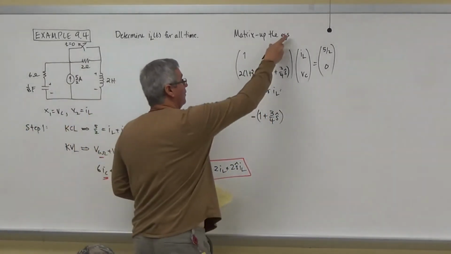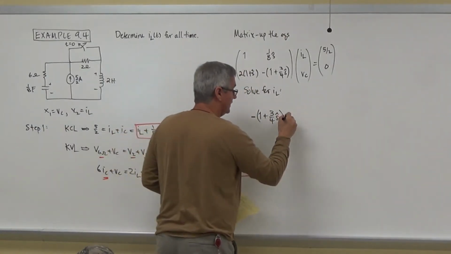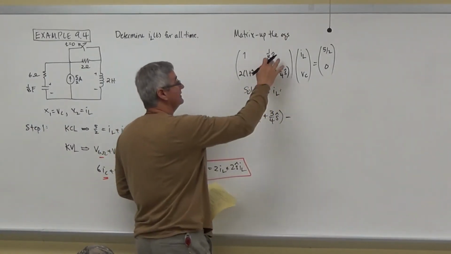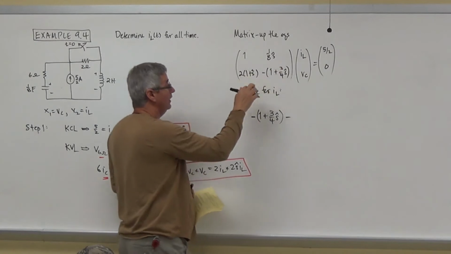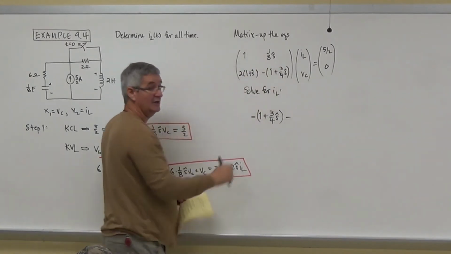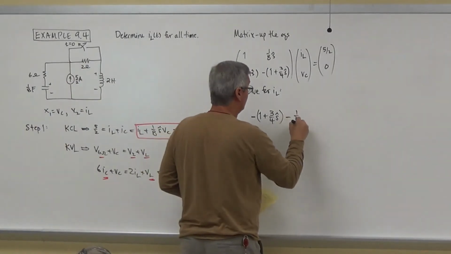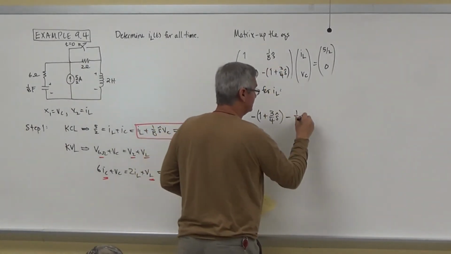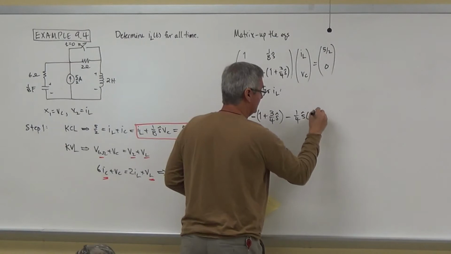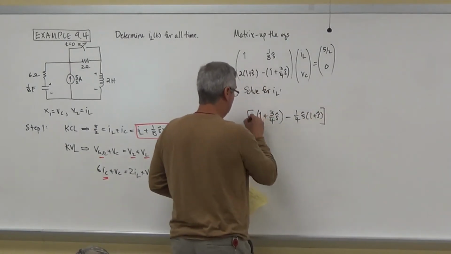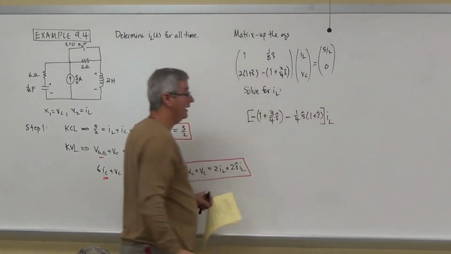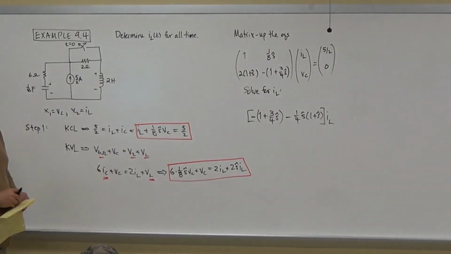And then I'm going against the flow, so I get another minus sign. I get this quantity times that quantity. Look at that, that's 2 over 8, so it should give me a quarter. So I get a quarter for the constants, and then s hat times 1 plus s hat. And this is all operating on IL.